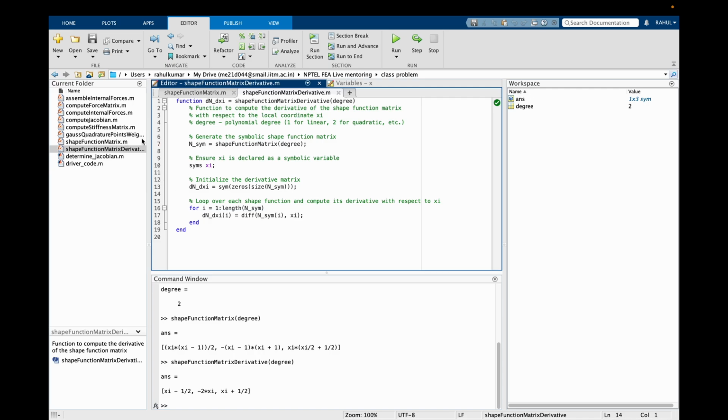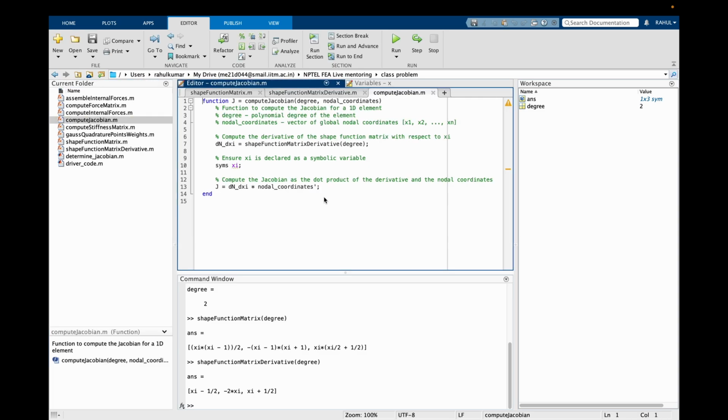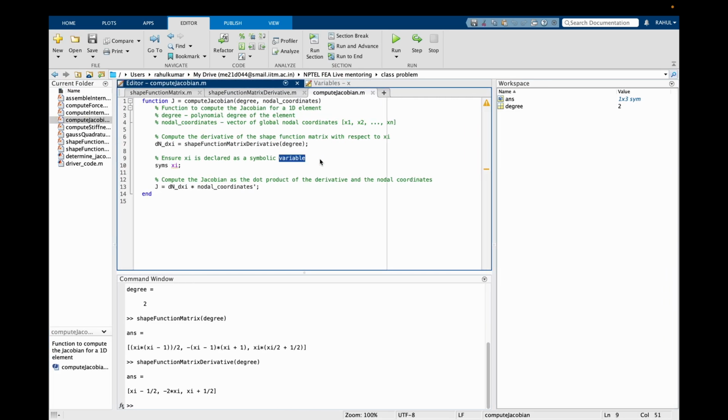Now I also have to determine the Jacobian, right? And the Jacobian is nothing but B dot x cap, and x cap is the nodal coordinate.